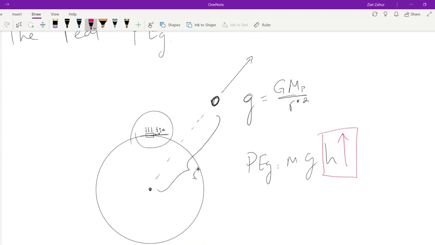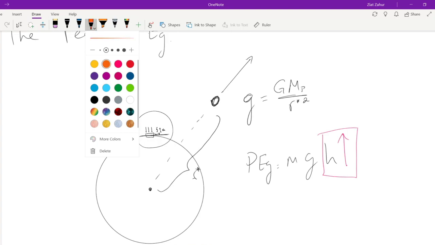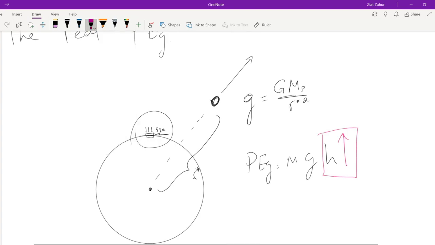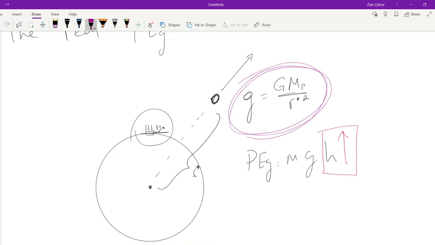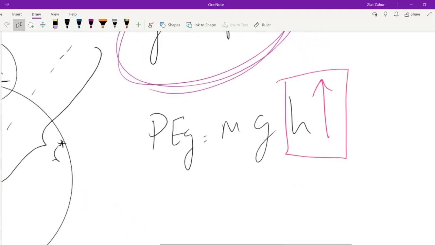But what happens to gravity? What happens to gravity? The further away you are from the center, the weaker the gravity.